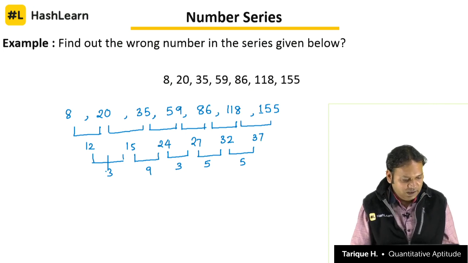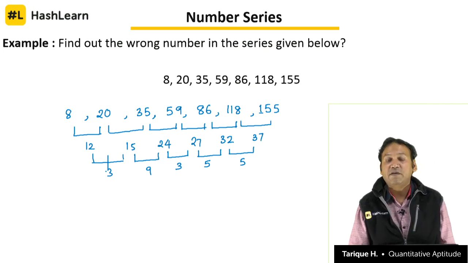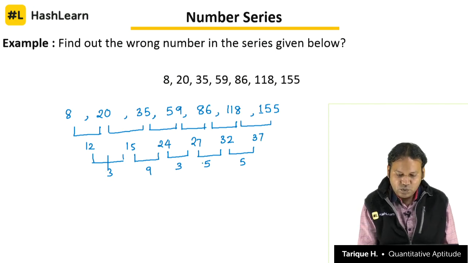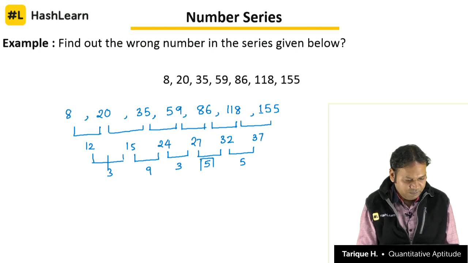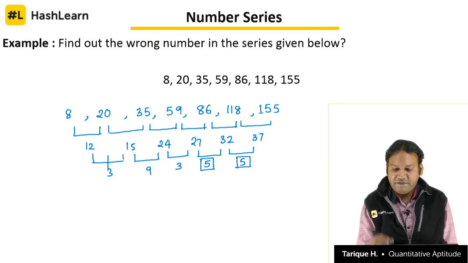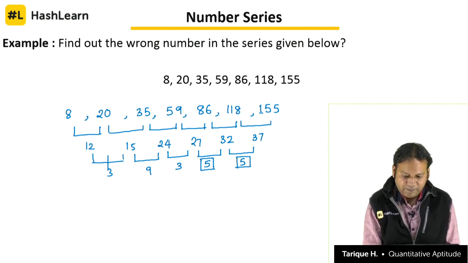So can we build this series based on a difference of 5 or not? Two times we are getting a difference of 5. One is a difference of 5 here, and the second difference of 5 comes here. So if we take the difference of 5 to build this series, what will happen? Then this 3 should become 5, and this 15 should become 17.